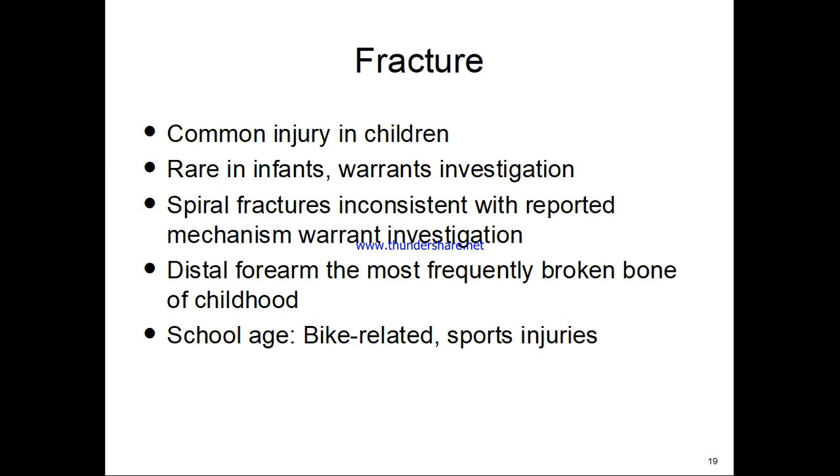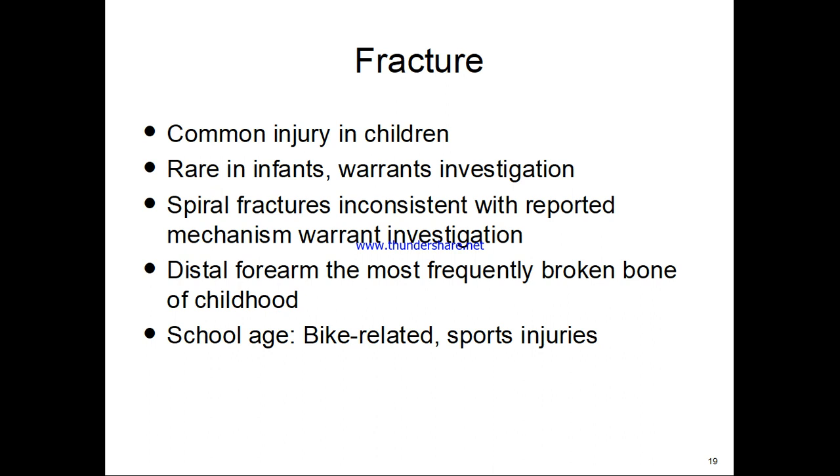So a spiral fracture is the spiral pattern caused by a twisting. So if a child says that his sibling slammed his arm in the door, but the fracture is actually spiral, that is inconsistent, because with a door slamming injury, you would think of more like a crushing or an oblique or a comminuted fracture, but not a twisting spiral motion.